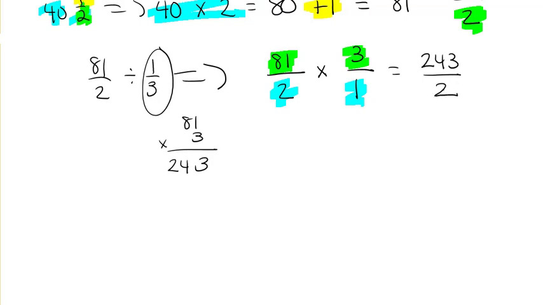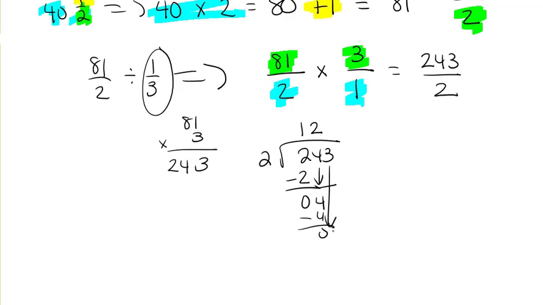Next, we're going to convert this to a mixed fraction. So we get 243, and we're going to divide by 2. 2 can go into 2 one time. We subtract. Then we get 0. We bring down that 4. 2 can go into 4 2 times. So 2 times 2 is 4. Then we subtract. Then we bring down the 3.